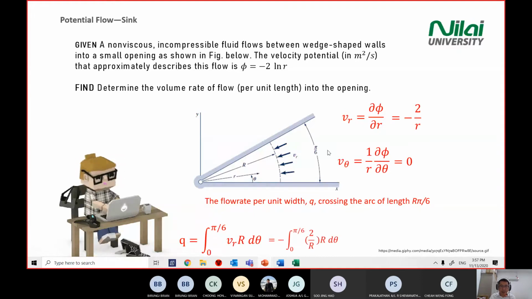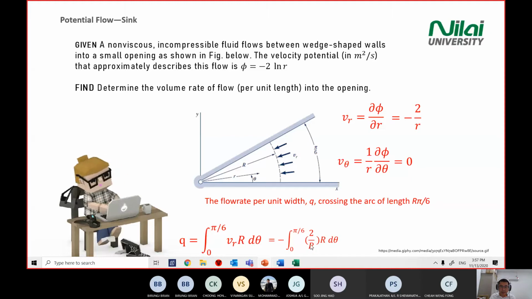You know that your v_r just now equals -2 divided by r. You substitute it in, then modify the equation. The small r becomes big R, because we extend up to this point.